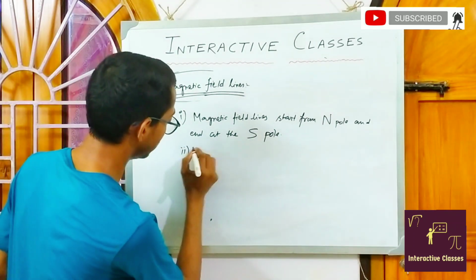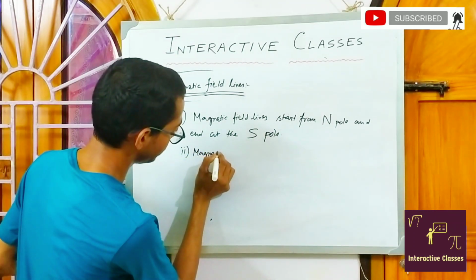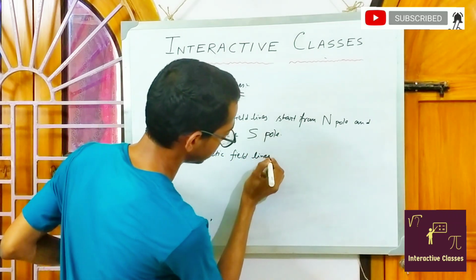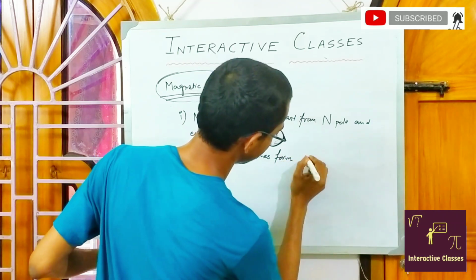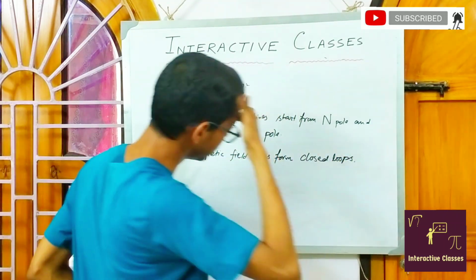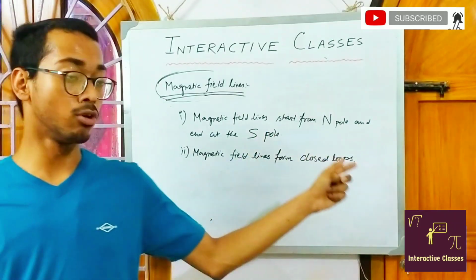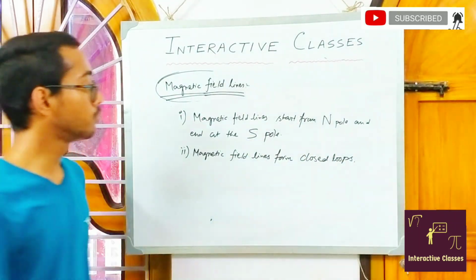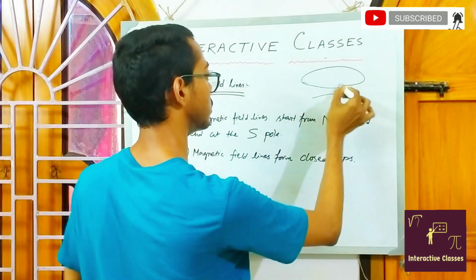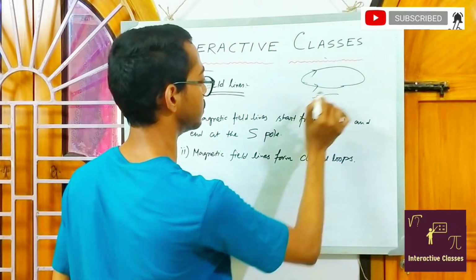Number 2: Magnetic field lines form closed loops. That means magnetic field lines will never be linear like this. They will always form loops.